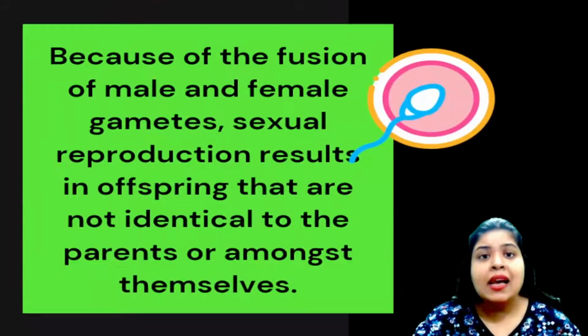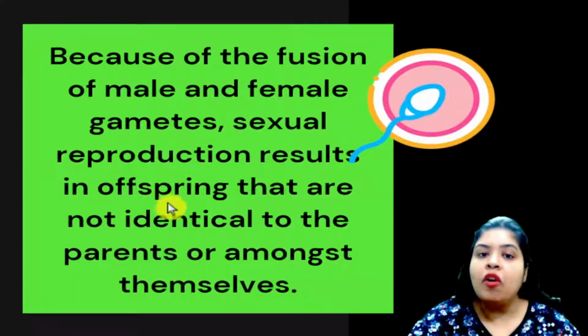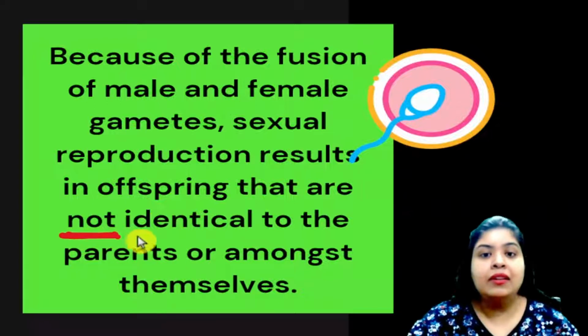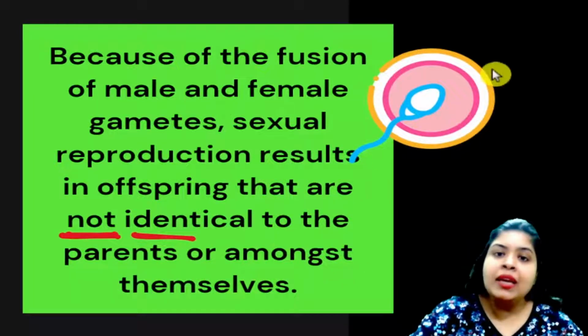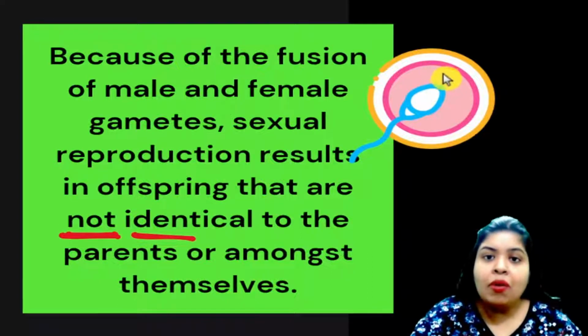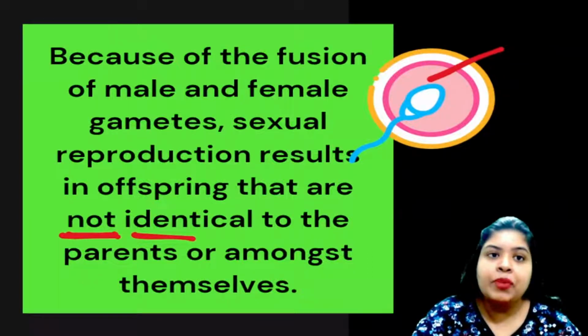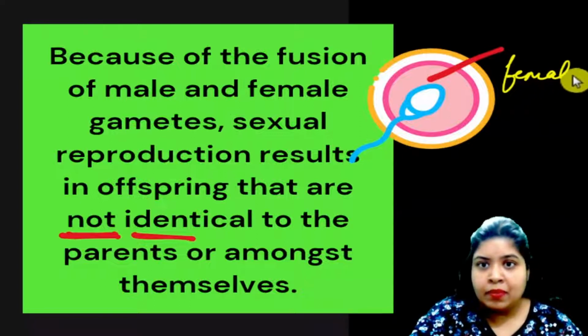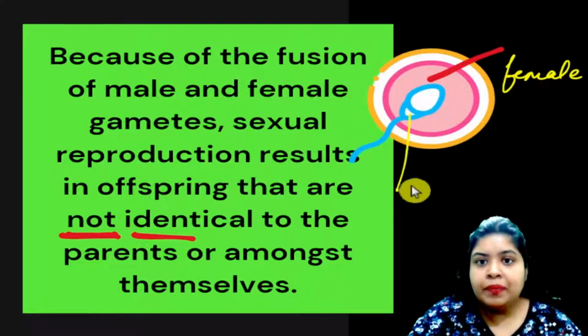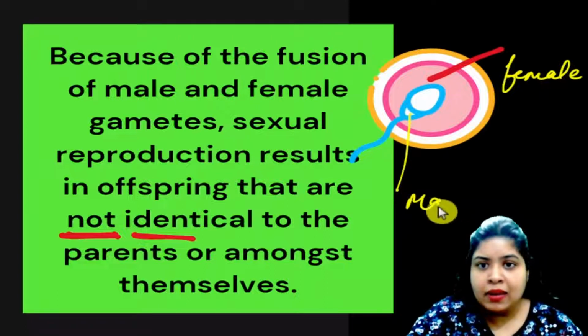Now next is, because of the fusion of male and female gametes, sexual reproduction results in offsprings that are not identical to the parents or amongst themselves. क्योंकि इसमें हम लोग फीमेल और मेल gametes का, now this is your female gamete and this is your male gamete.